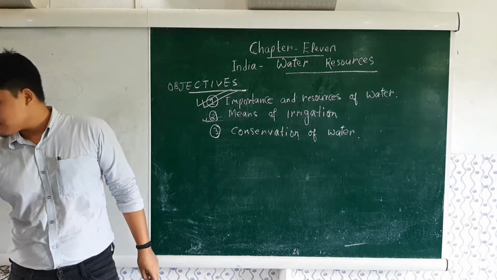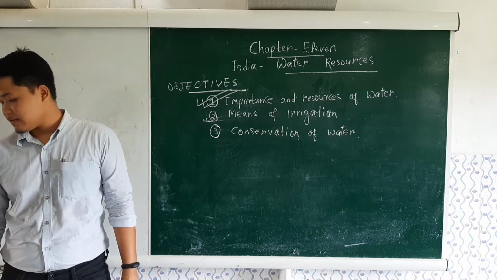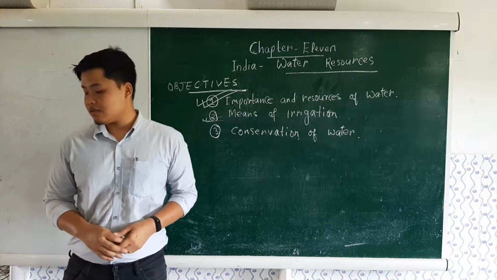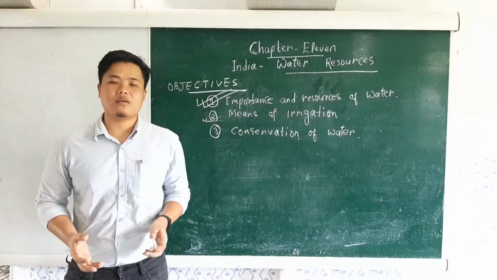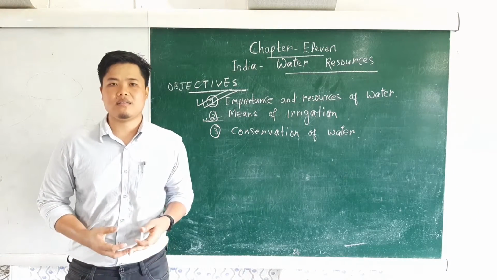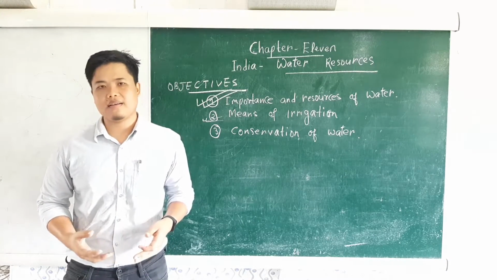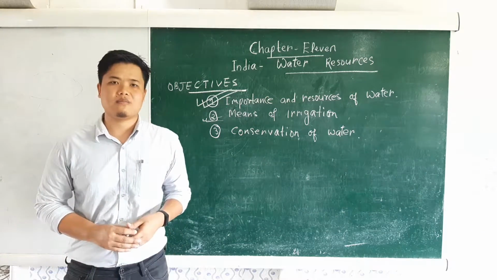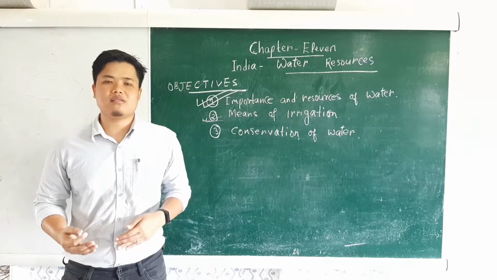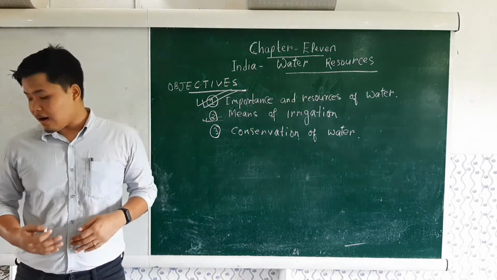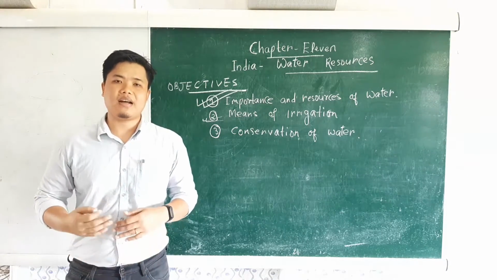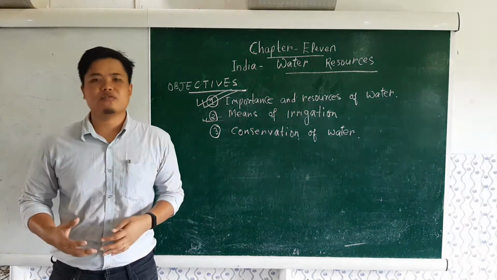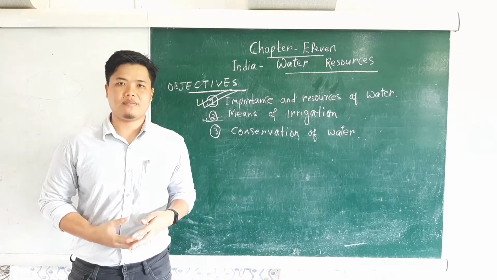Go to page number 71. Seventy first and 71 next. Means of irrigation. For irrigation, what is needed? We need canals. And what are canals? Canals are the channels that are dug to draw water from the river.